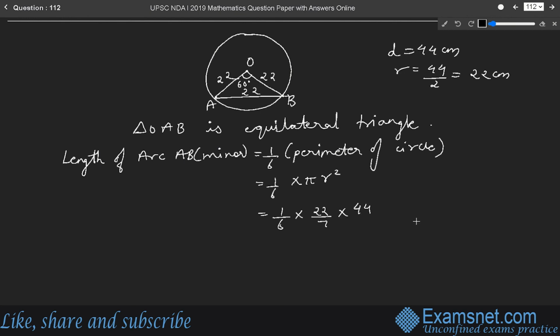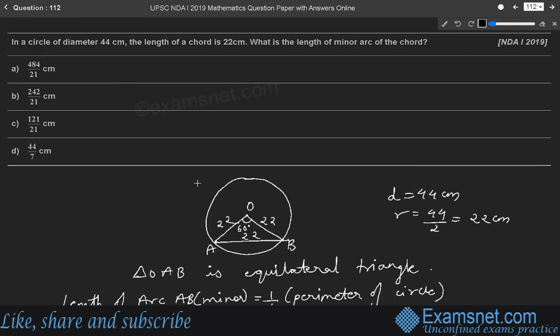R square is 44. It will be equal to 484 upon 21. So this is the required length of the minor arc. So the correct option will be option number A, 484 upon 21. I hope this question is clear to you.